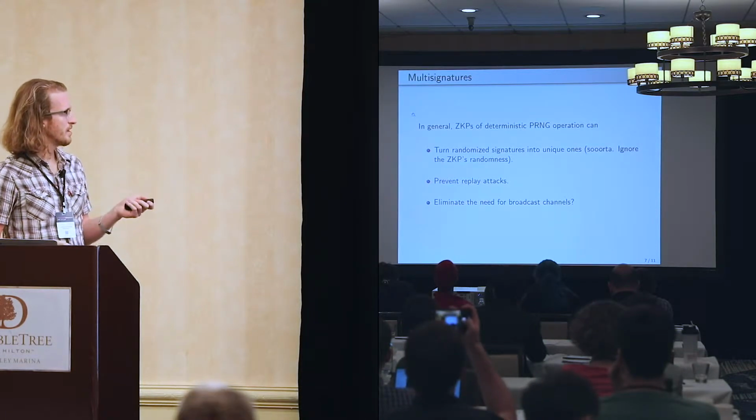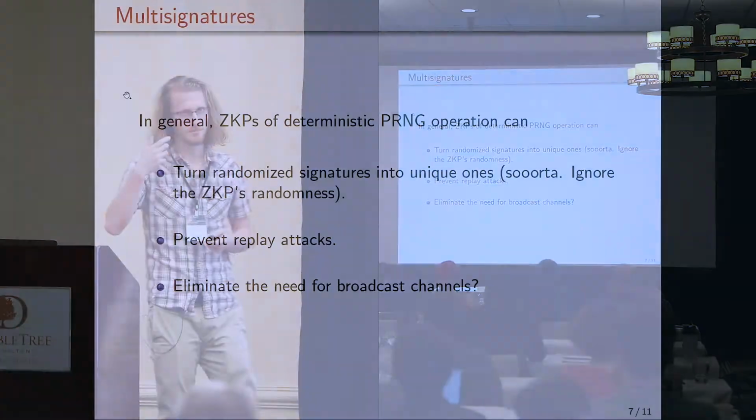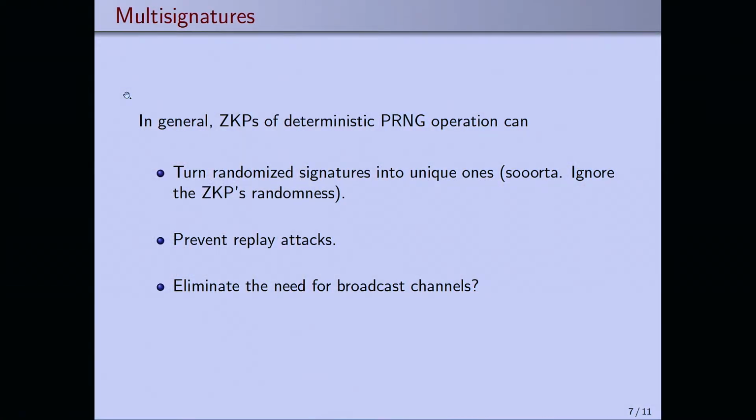We use a ZKP, we turn our randomized signatures into these sort of unique ones, by which I mean signatures with unique transcripts, if you ignore all these zero-knowledge proofs that themselves are not unique. That's sometimes useful. We eliminate a bunch of replay attacks, and now I'm going to go into threshold signatures, and I'm going to talk about the need for broadcast channels in certain cryptographic protocols.